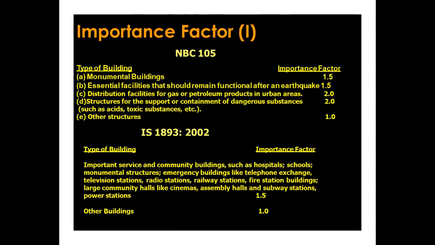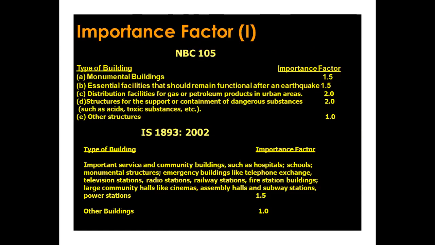Next, moving forward, importance factor. For importance factor, which is denoted by I, the NBC and IS 1893 criteria are different. Here we understand the IS 1893 code, where the type of building and importance factor is given.